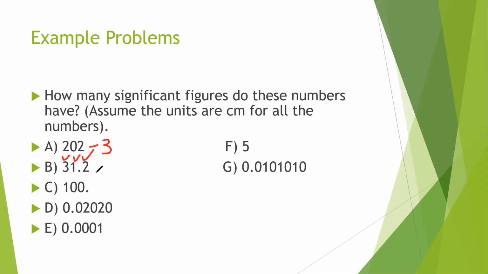Okay. Yep, I'm seeing 3 because all of these are significant digits. How about C? That one's kind of tricky. Be careful that there's a decimal point here. If there's a decimal point, it basically means every single number is significant. So that's one thing to keep in mind. C, there's 3. How about D?